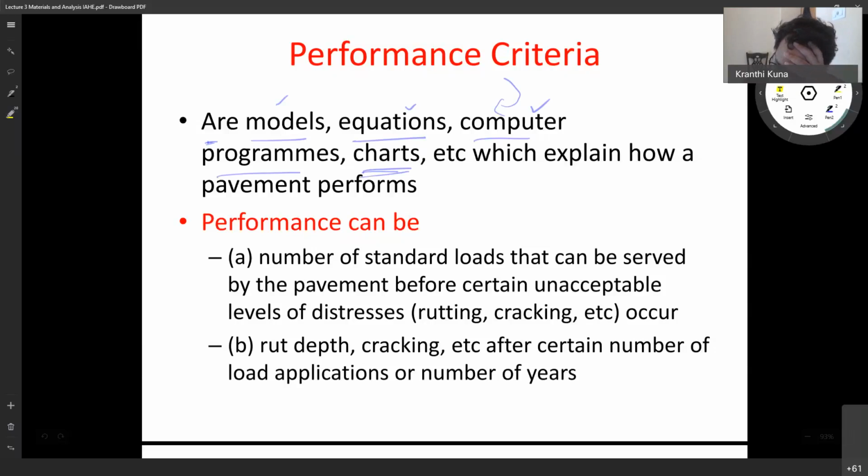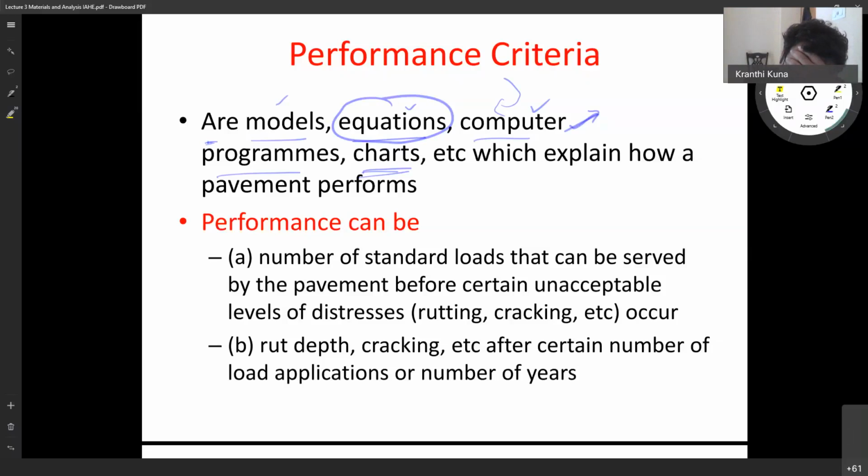For example, one of the charts I have shown you is from the IRC 37 1984 design method, where they incorporated performance criterion charts. In IRC 37 we used equations. Some software, for example OSTRAS, incorporates this, and MEPDG has incorporated this into a computer program as well.